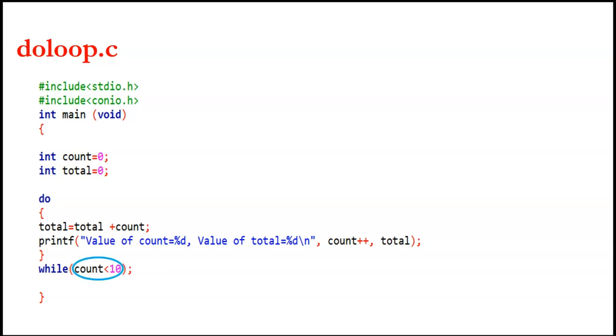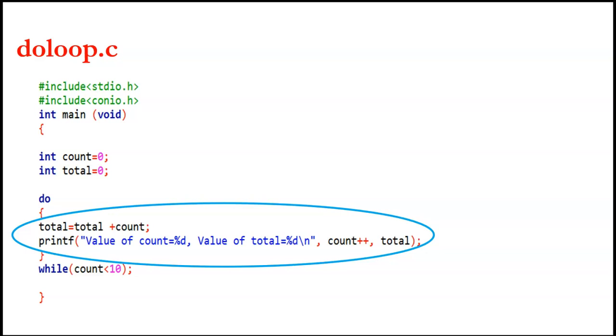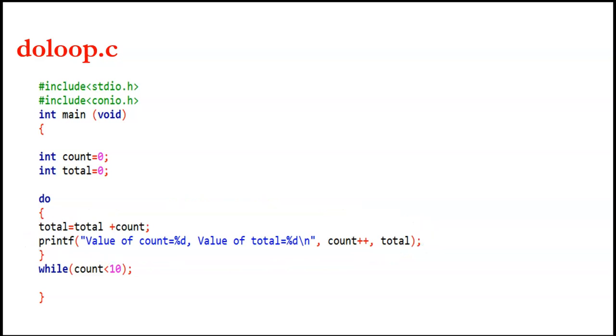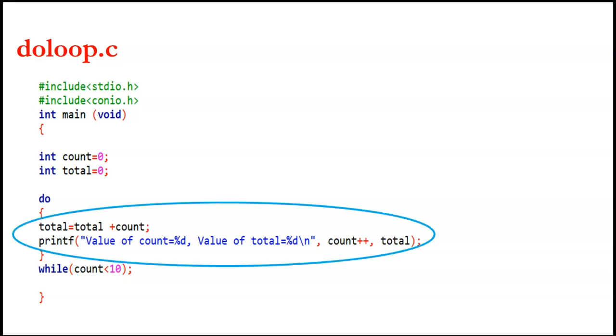So the first time through the loop, the expression becomes 0 is less than 10, which evaluates to true. And again the body of the do-while loop is executed. The second time through the loop, the expression becomes 1 is less than 10, and again this evaluates to true. Then again the body of the do-while loop is executed, and this goes on until the loop expression becomes 10 is less than 10.